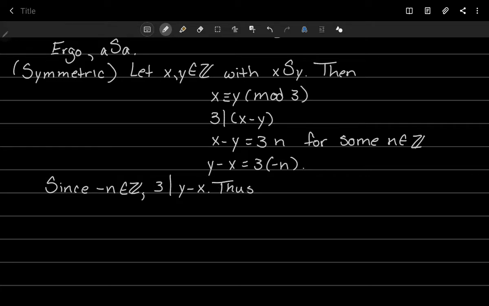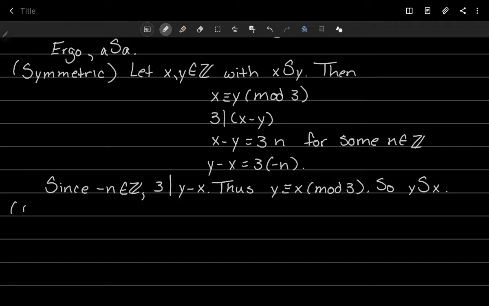Thus, y is congruent to x mod 3. So y is related to x, and that's the whole point of symmetric: start with x related to y and end up with y related to x.